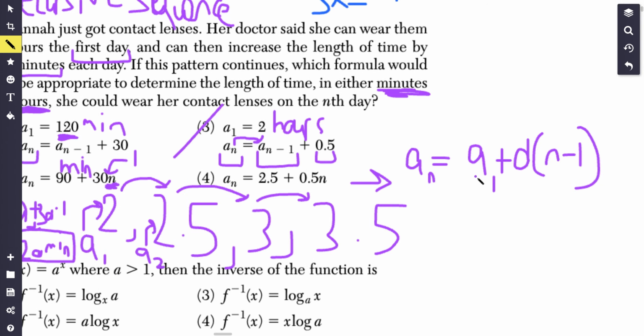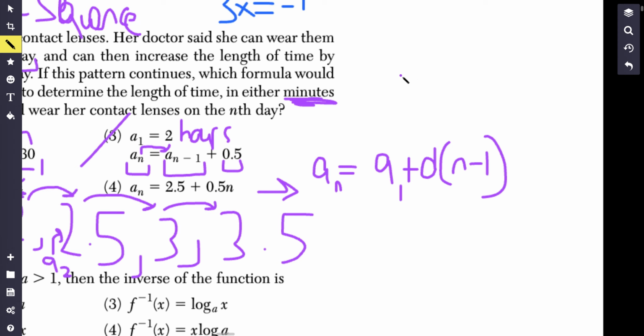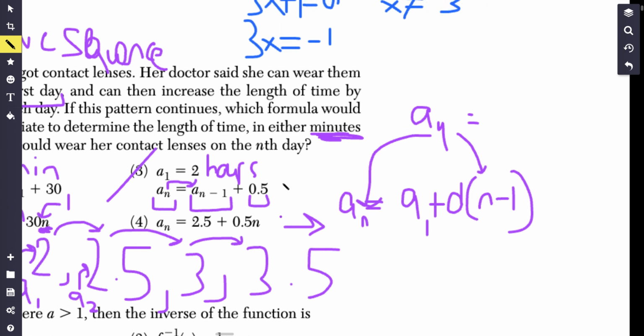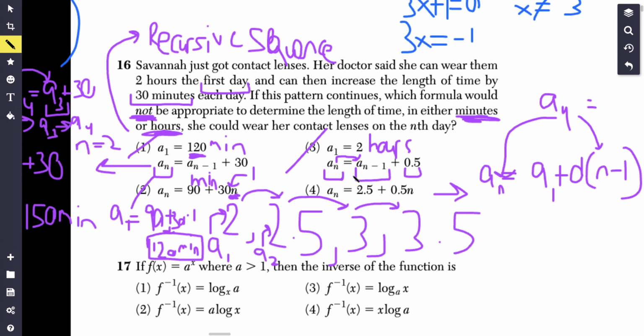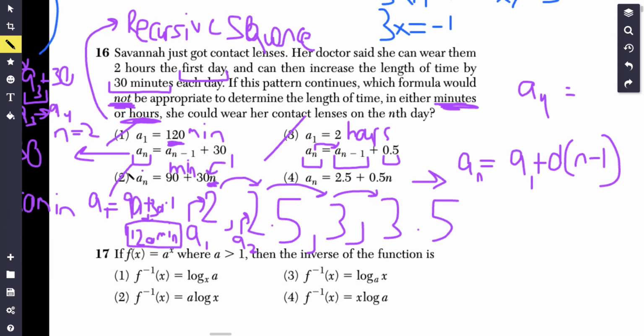With this formula, if we wanted to find the amount of hours you can wear it on the 4th day, you can just plug into the formula and everything works out nicely. I'm going to do a video on that to show y'all. I don't want to go into too much detail because I already spent a long time on this problem. But basically 3 answer choices are eliminated. Number 4 has to be our answer.